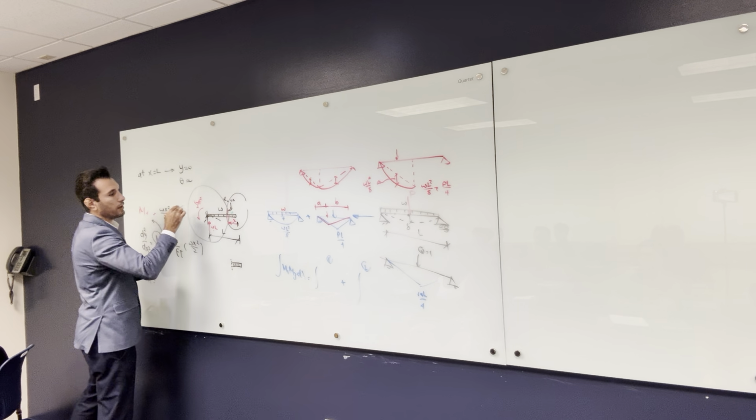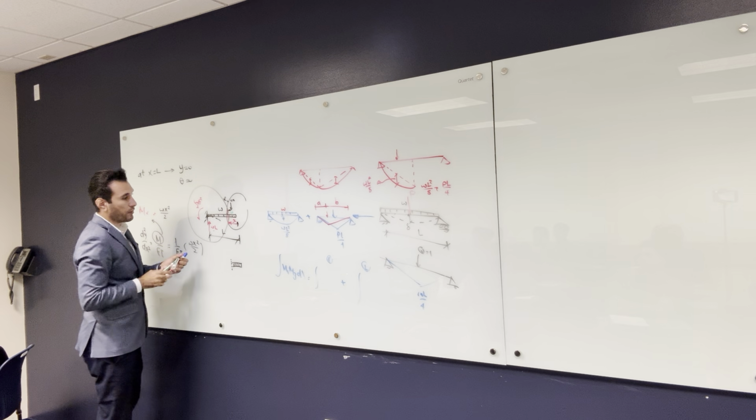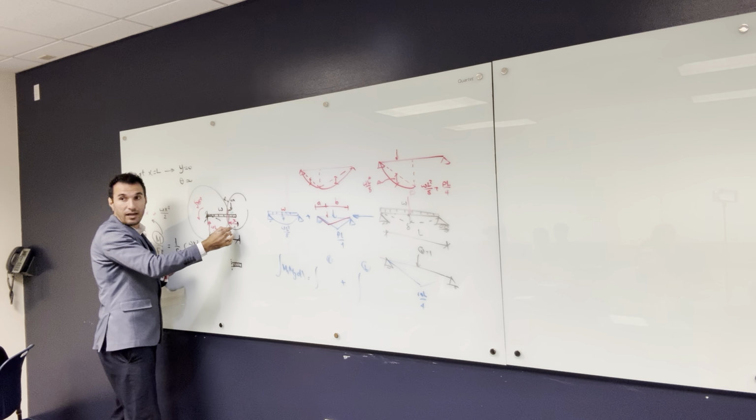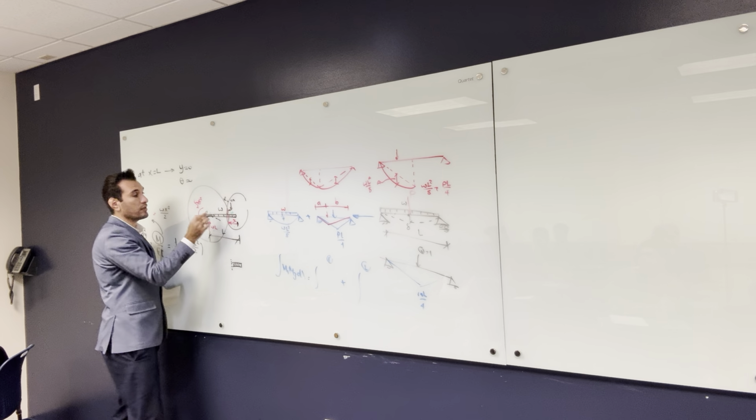If x is starting from here, let's put it in a different color. So right now, the first one, I have x starting from here. If my x is starting from here, so when I come here, this is my x, all right? So I'm gonna have WL as a reaction multiplied by x.